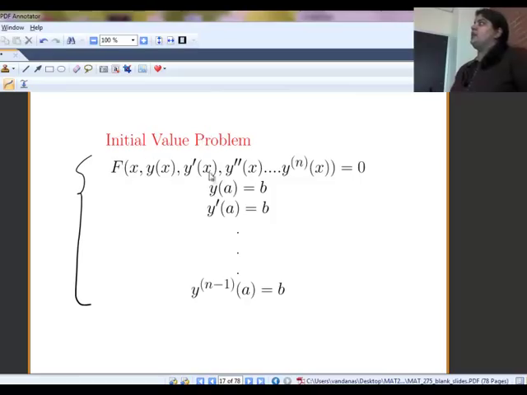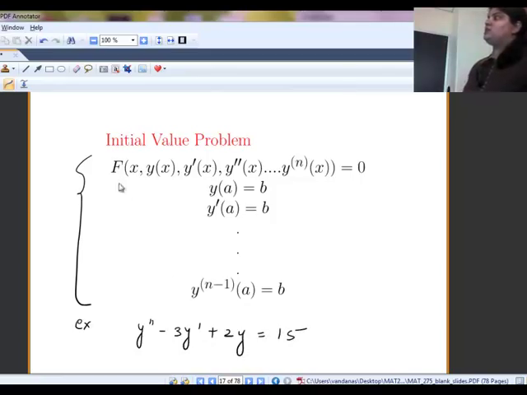Now this function f, which is on the left hand side, is nothing but a differential equation. For example, if I had the differential equation y double prime minus 3y prime plus 2y equals 15, then my f will be everything, and I will pull this 15 also to the left hand side, because I am writing f of this equals 0 and comparing with the equation, I have to keep everything on the left hand side.